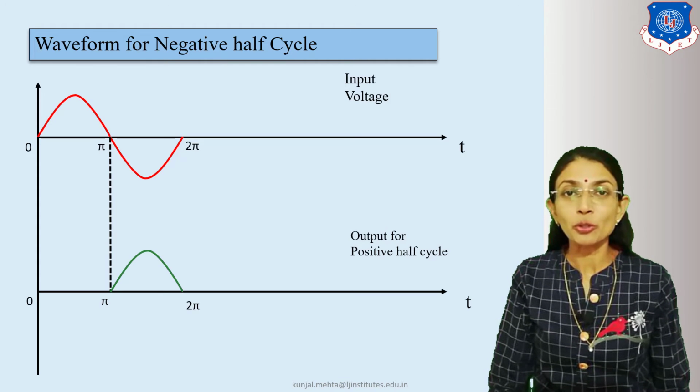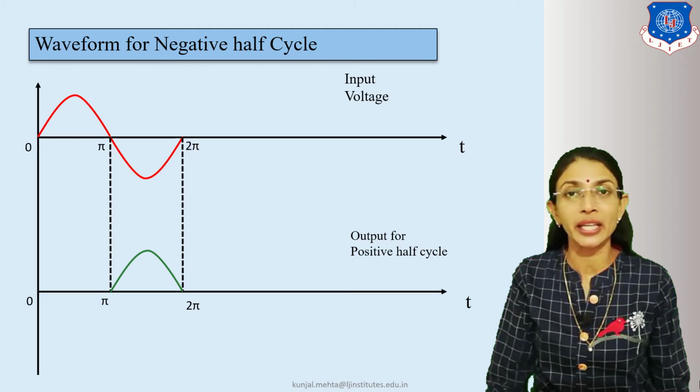So between pi and 2 pi, during the negative half cycle of the input, we'll have a positive half cycle output.